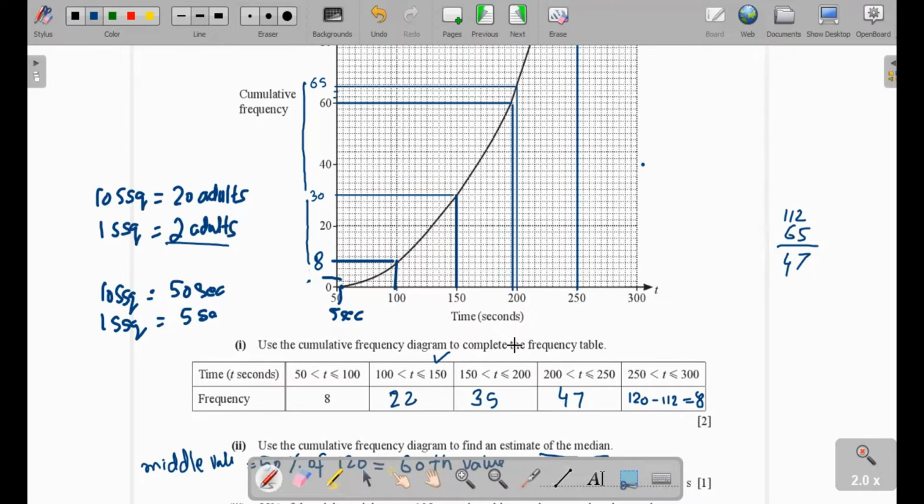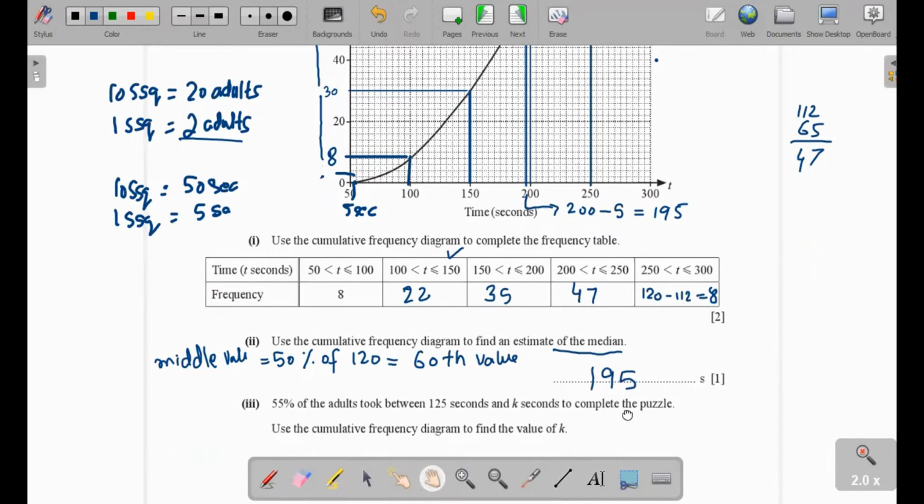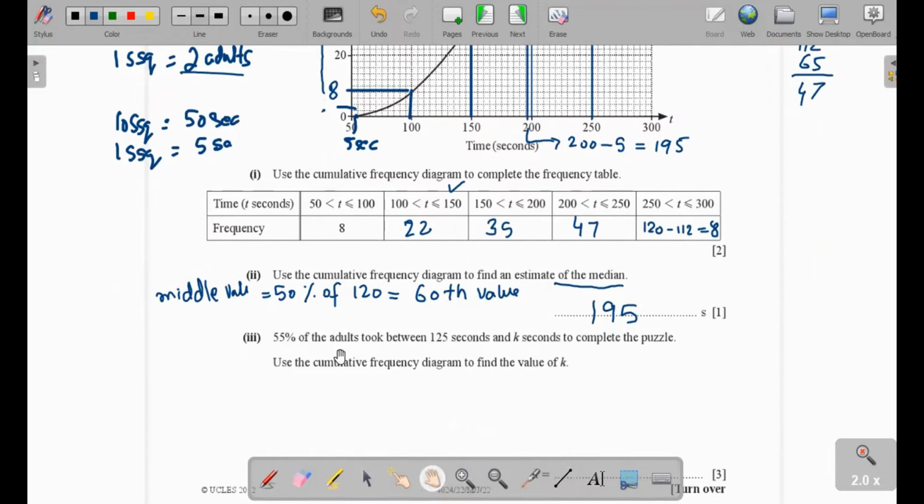One square is 5, so that value is 200 minus 5, which is equal to 195. The median value is 195 seconds.